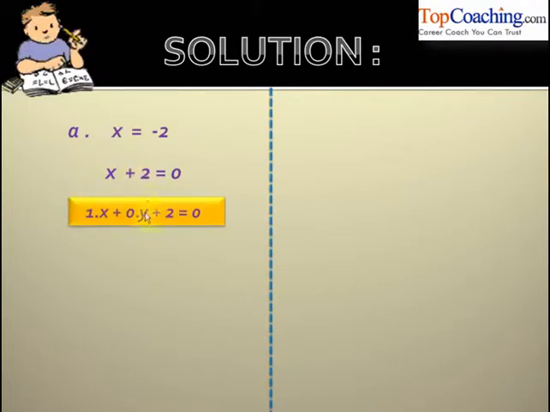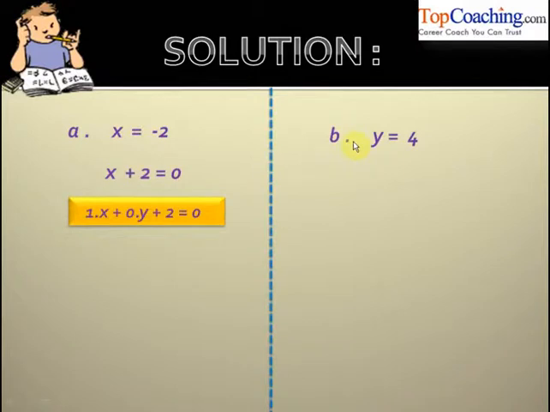Here y is actually absent, so we write it as 0 times y. And here we see that 1, 0 and 2 are all real numbers. So this satisfies the condition for an equation to be a linear equation in two variables. So the equation 1 into x plus 0 into y plus 2 equal to 0 is the same as x equal to minus 2, and it is an equation in two variables.